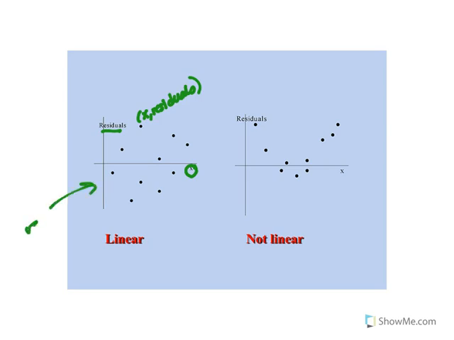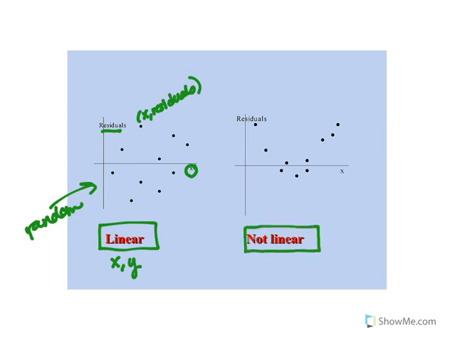When the residual plot is random and there is no pattern, it tells me the linear relationship exists between my x and y variables. In the second residual plot, there is very clearly a pattern in my errors or a pattern in my residuals. That is evidence of a nonlinear pattern, and additional steps must be taken to transform that data to be linear. But we're going to talk about that in a couple of class periods.